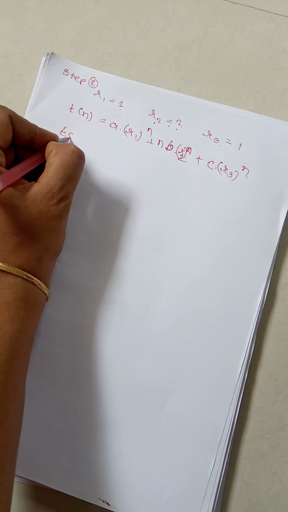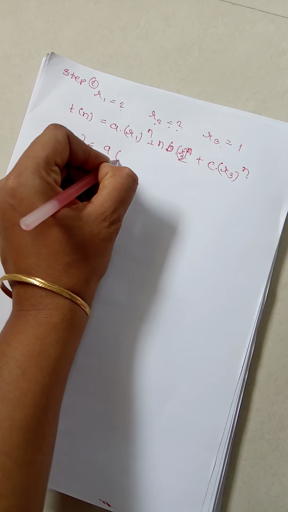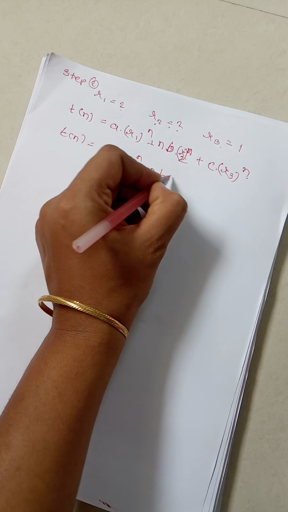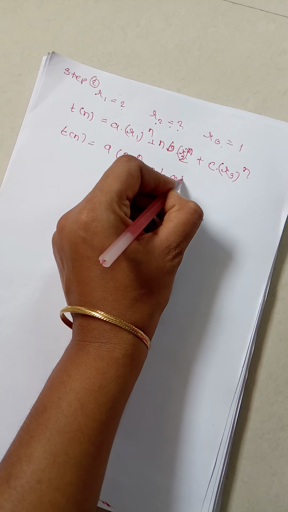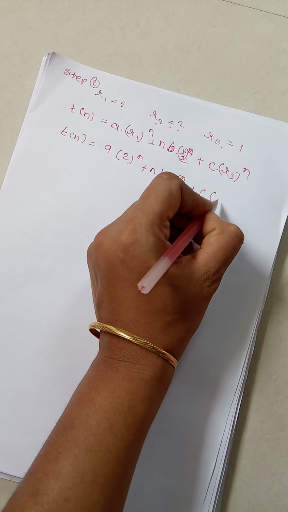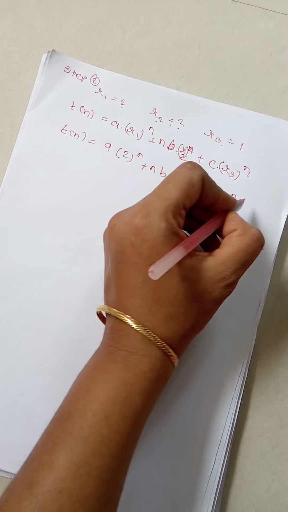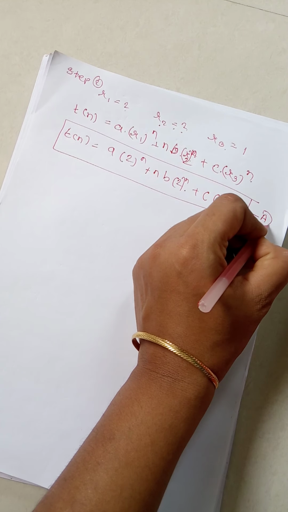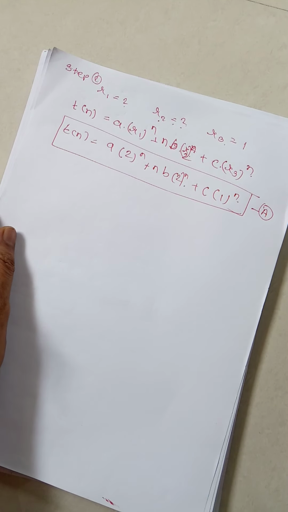So t of n is equal to a into 2 to the power n plus n into b into 2 to the power n plus c into 1 to the power n. This is my generalized equation. Call it capital A.